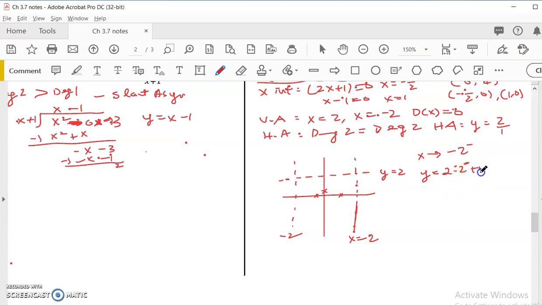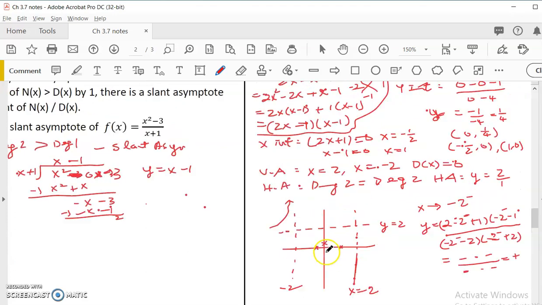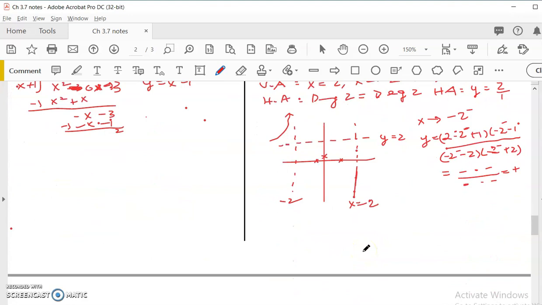Plugging in, I have a negative number times a negative number over a negative number times a negative number plus 2, which is negative. So overall, I have a positive number, so this goes to positive on this side. Because at x equal to negative 2 the factor has odd multiplicity, the two sides don't go to each other. They go different ways. So this would go this way.